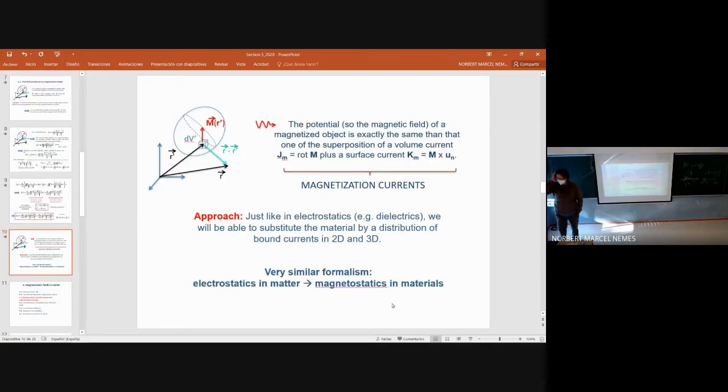So again, we can forget about the magnetization, and we can just deal with these currents, the Jm and the Km, and we can get the vector potential. All of this is quite similar again to electrostatics. We do an analogy.